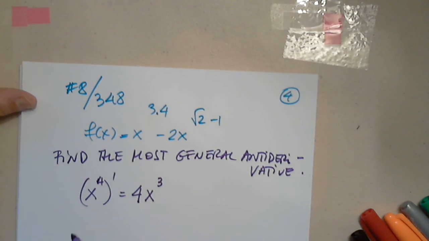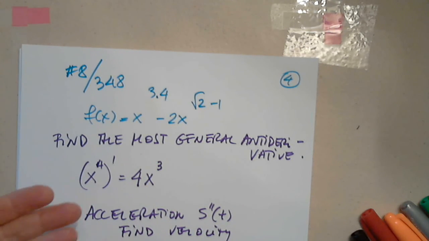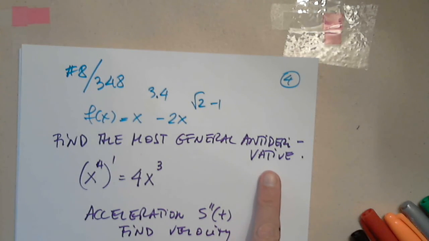Now, imagine that I am given the acceleration, which is the second derivative of the distance, and I am asked to find the velocity. So it's not a differentiation issue. It's a going back type of issue. It's finding the antiderivative, going backwards.